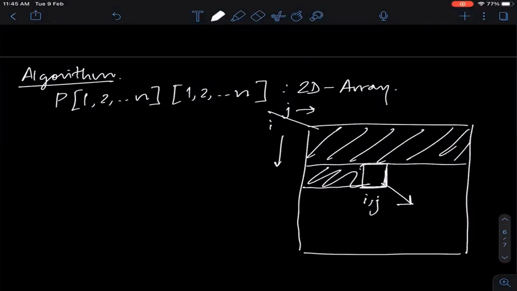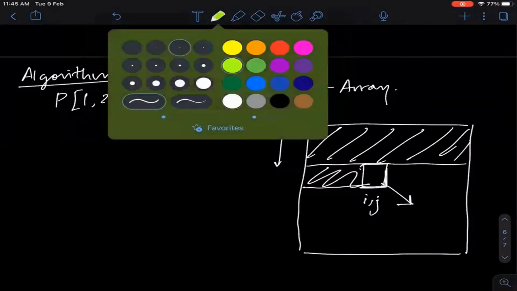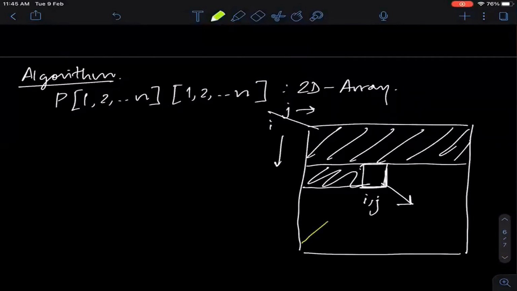But that's not an issue, because the proof that we did by induction should already tell us how to fill up this table. We need to fill this table diagonal wise. If I keep filling one diagonal after the other, then we will have access to all the subproblems that I need to compute P i j. So what is the first thing that is going to be filled up?